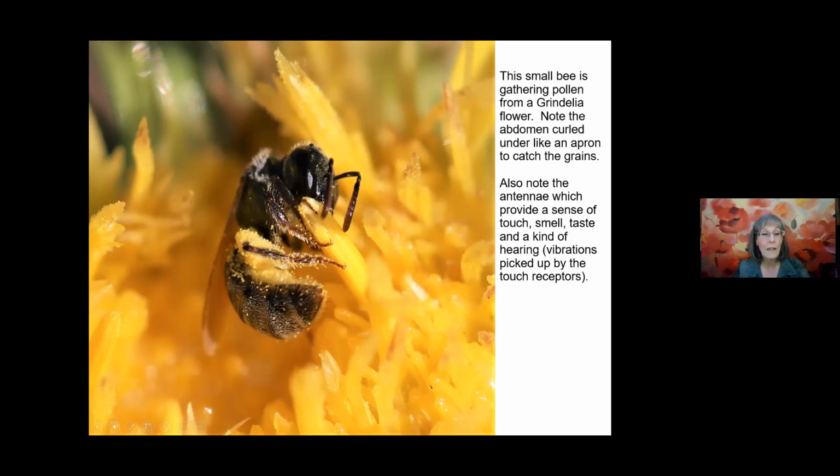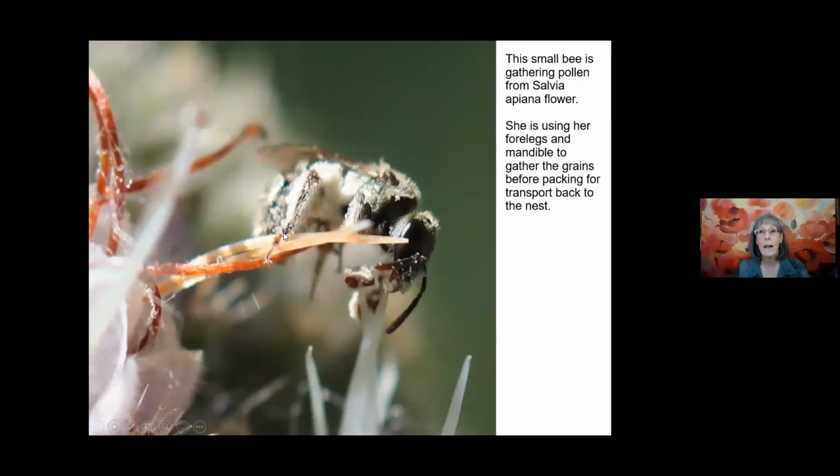And this is Grindelia, which is another great habitat plant. And then another bee, you can see here the mouth parts, gathering pollen, which she has collected back in her back legs. It's only the females that collect pollen and take care of the offspring. The males don't do anything except for mating, eating, and sleeping, and then they die.